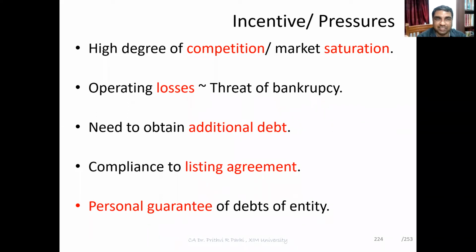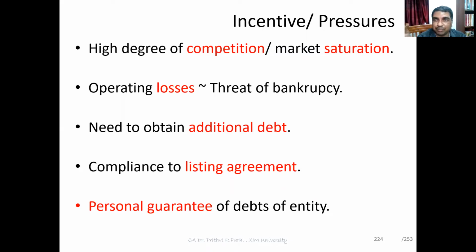The situation might be like this: there is a high degree of competition, or there is market saturation, or the entity is incurring some operating losses, or there is a need to obtain additional debt, or to comply with the listing agreement, or maybe personal guarantees of directors or other people regarding debt are getting affected. If these situations are there, you can say there is some incentive or some pressure on the management to commit fraud.